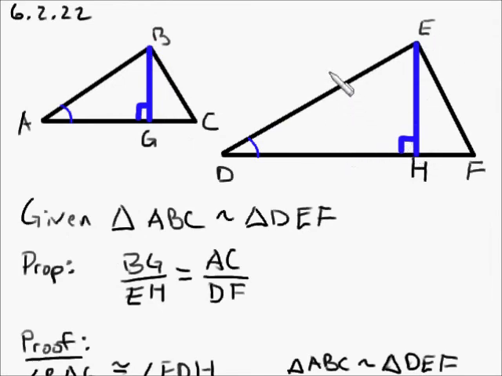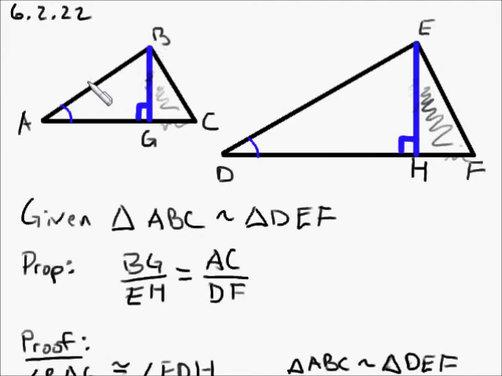Now my first thought when looking at this was I could say BG over EH is the same as AG over DH, and just use the two legs of this triangle, then prove that this little triangle and this little triangle are similar, and prove that this side is proportionate to this side and this side and this side. That just started to get way too complicated, and I'd have to do some addition with fractions there.